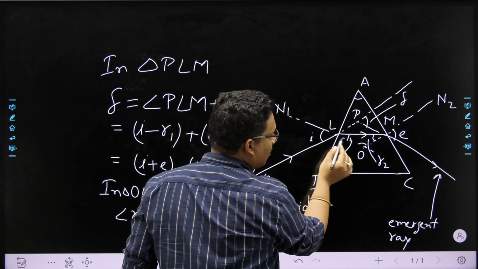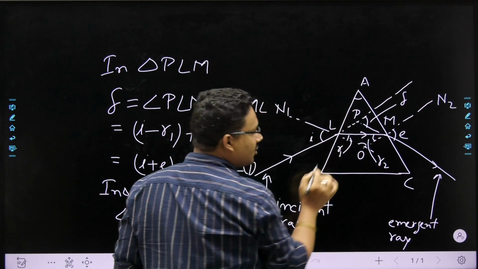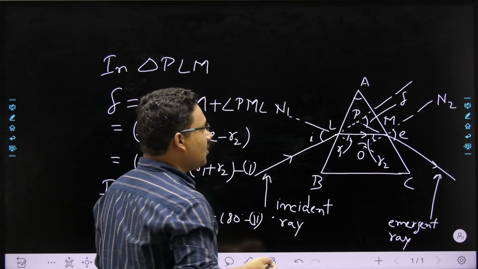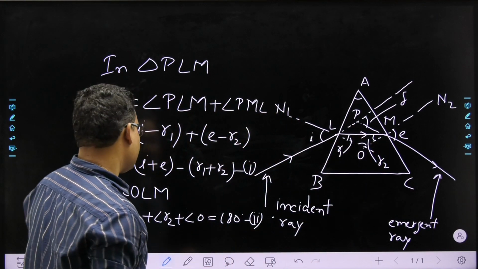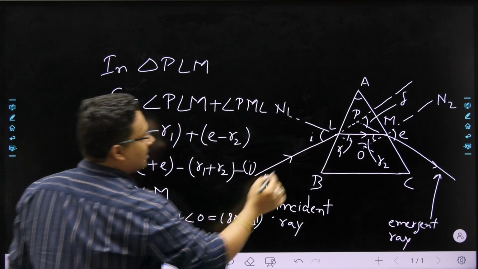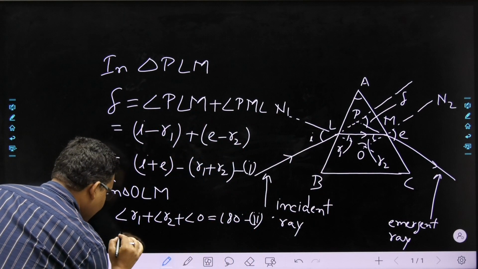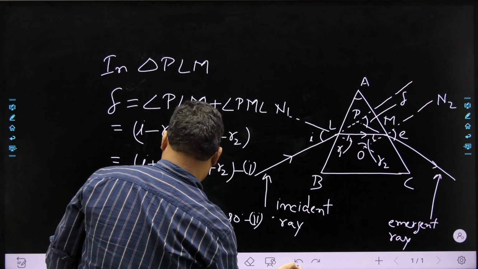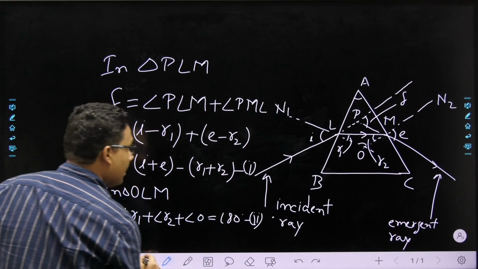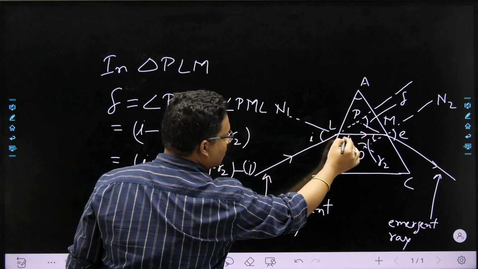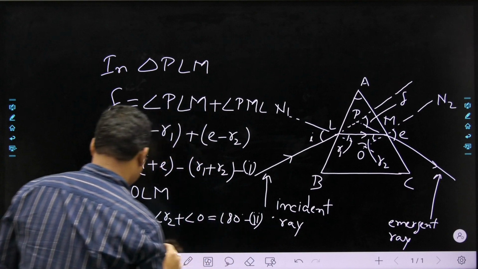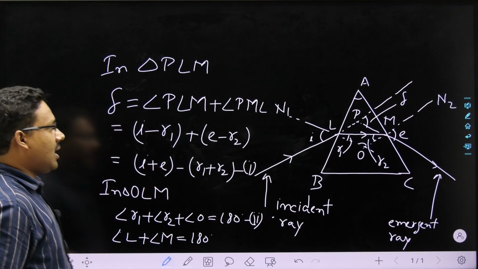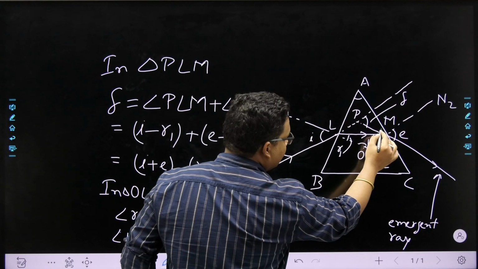If this is the normal, then angle ALO is going to be 90 degrees, and in the same way angle AMO is also going to be 90 degrees. So in this quadrilateral we can write angle L plus angle M is equal to 180.